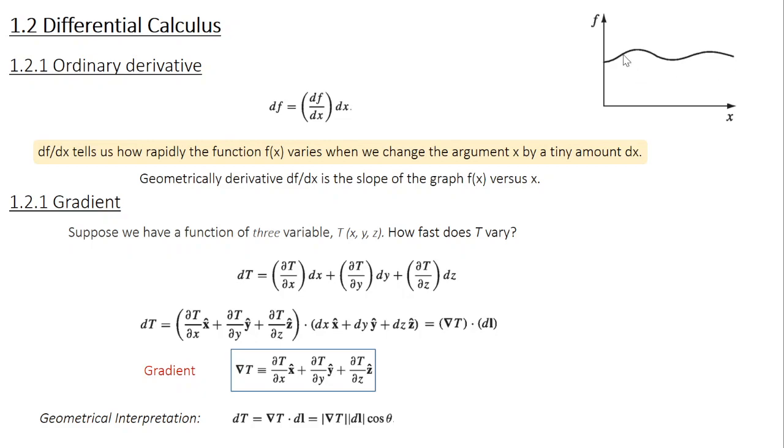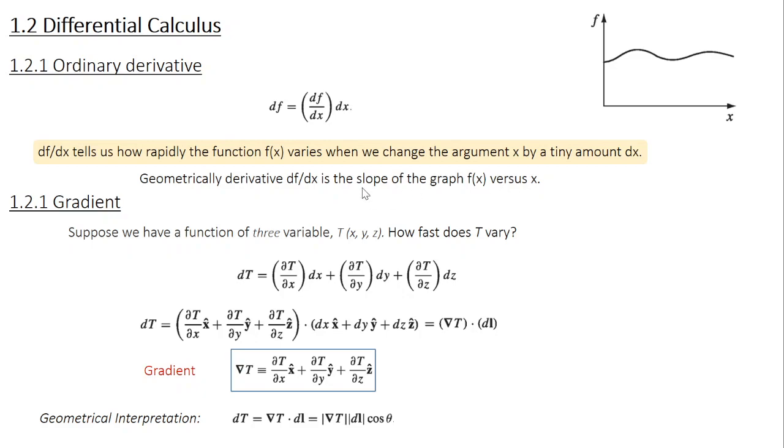If you calculate df by dx here, you get a positive value. In this point, there is no change in function, so df by dx equal to 0. Here you get a negative value. So this is similar to the slope. You have positive slope here, zero slope here, negative slope here. So df by dx is also known as slope of the graph f of x versus x.